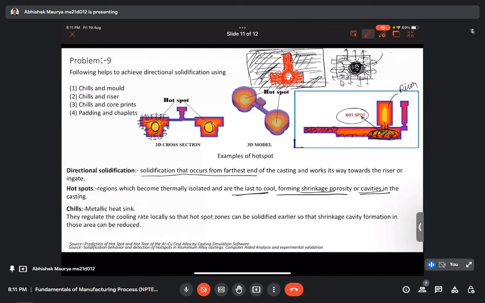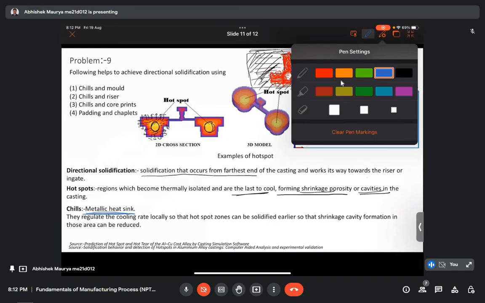For that kind of issue, where it is not possible to compensate the shrinkage by putting a riser, we need to use chills. So what are chills? Chills are basically metallic materials, or heat sinks. We know metals have very good conductivity, so they have a tendency to transfer heat from the hot zones to the cold zone very fast.